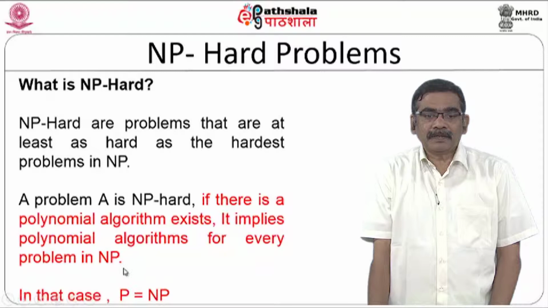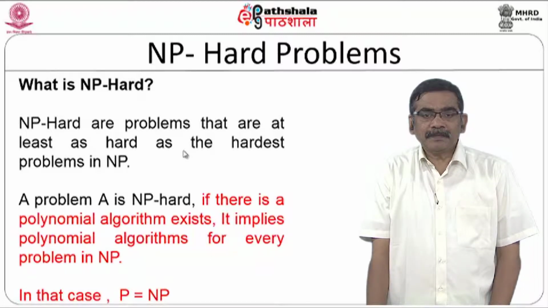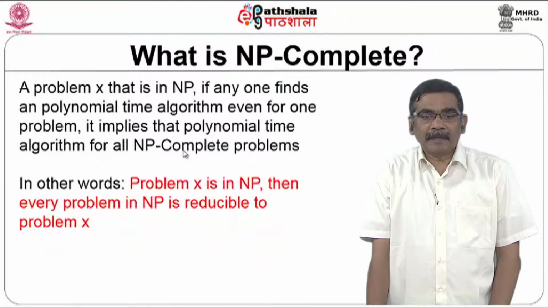So, this sort of problem says that problem A is as hard as another problem B. In other words, these problems are at least as hard as any other problems. So, these problems are called NP hard problems.